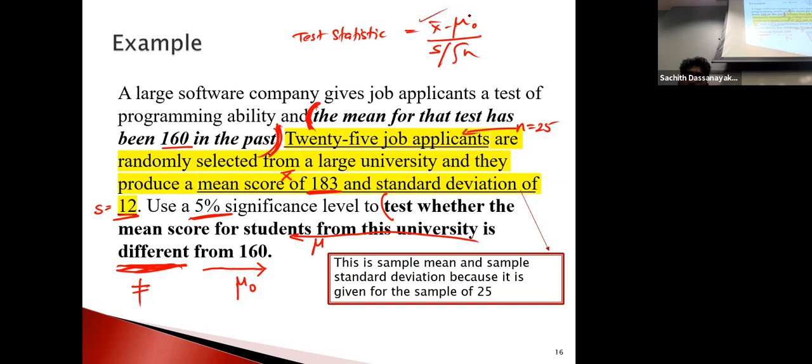You know all of these, so yes, you can find the test statistic. What are the steps? Since this is different, it is not equal, which means it is a two-tailed test.